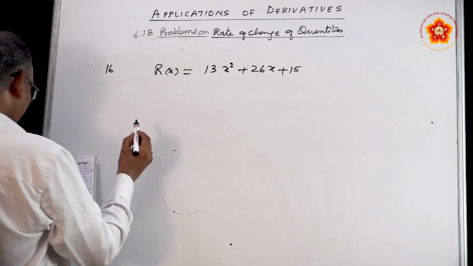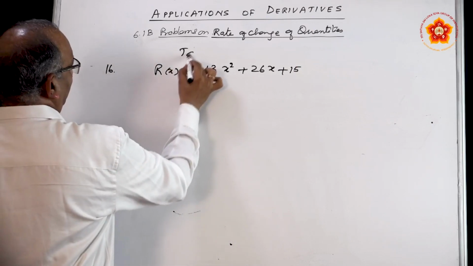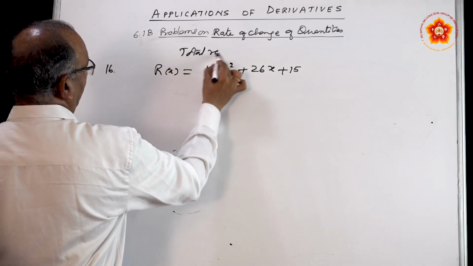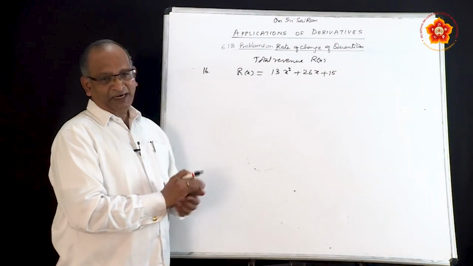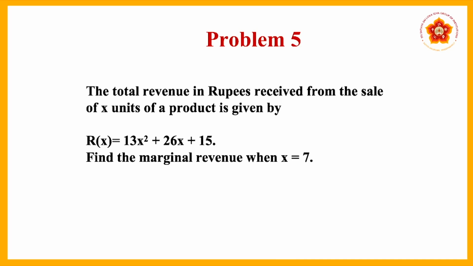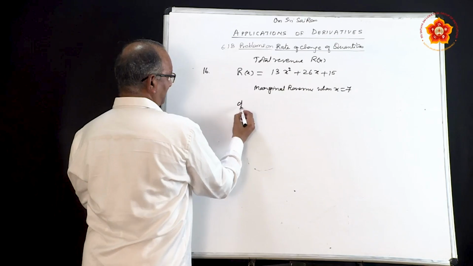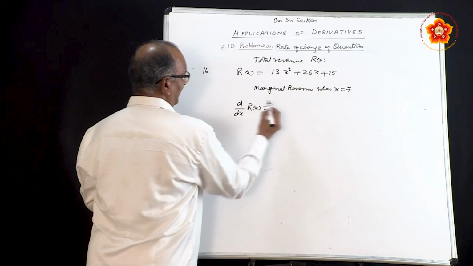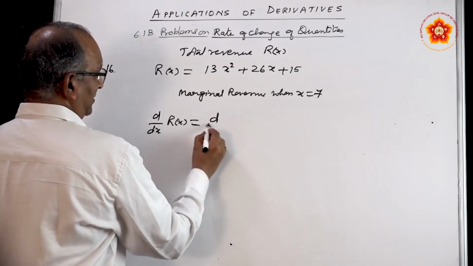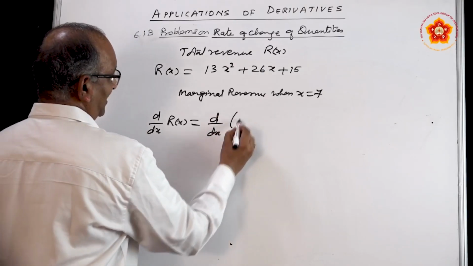This is the 16th problem. Remember, this R of x is total revenue. So he has given the total revenue and he is asking what is the marginal revenue when x is equal to 7. So find the derivative with respect to x, that is d dx of R of x equals d dx of this whole thing.